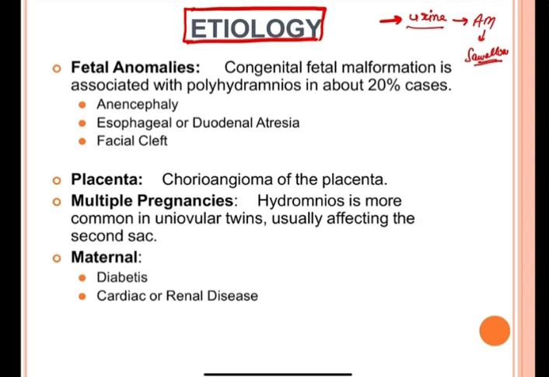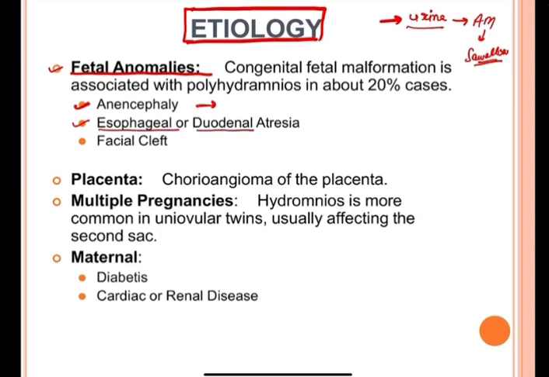So the various fetal anomalies that lead to polyhydramnios are anencephaly. So what is anencephaly? In anencephaly, the baby's skull vault is not formed. Esophageal or duodenal atresia.